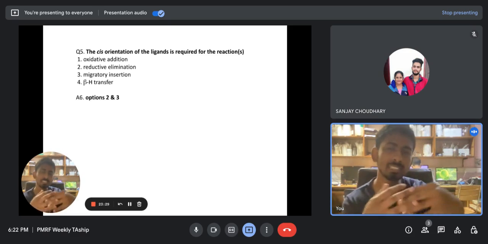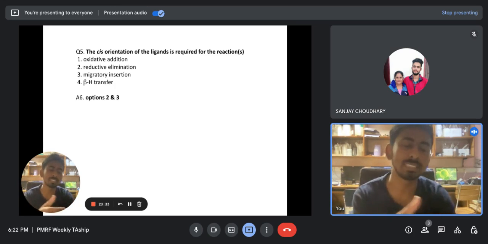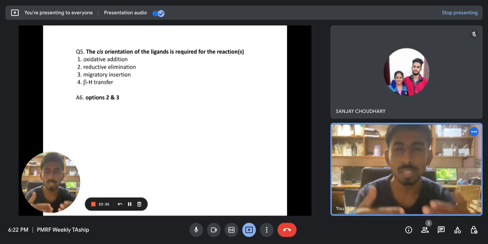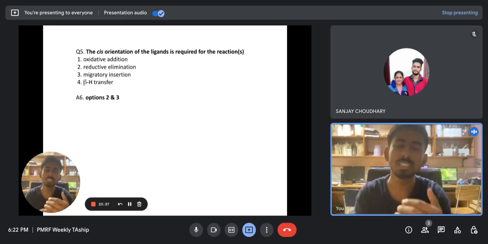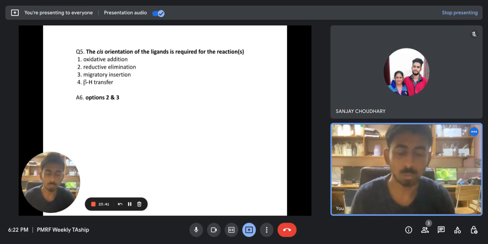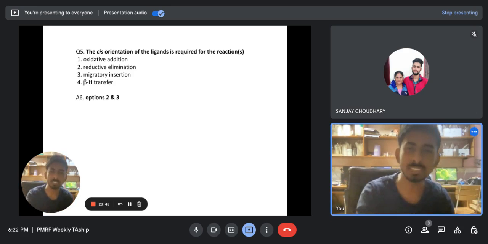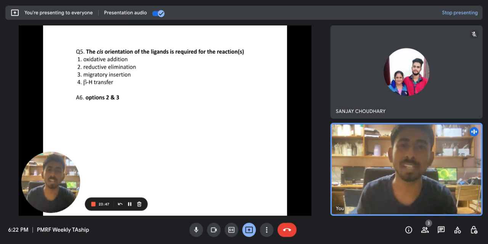In case of migratory insertion also, a group, for example a methyl group or a phenyl group, shifts its position to the corresponding CO, that is the carbonyl moiety. If it is present in the trans or anti manner, then the distance that it needs to cover is quite high.